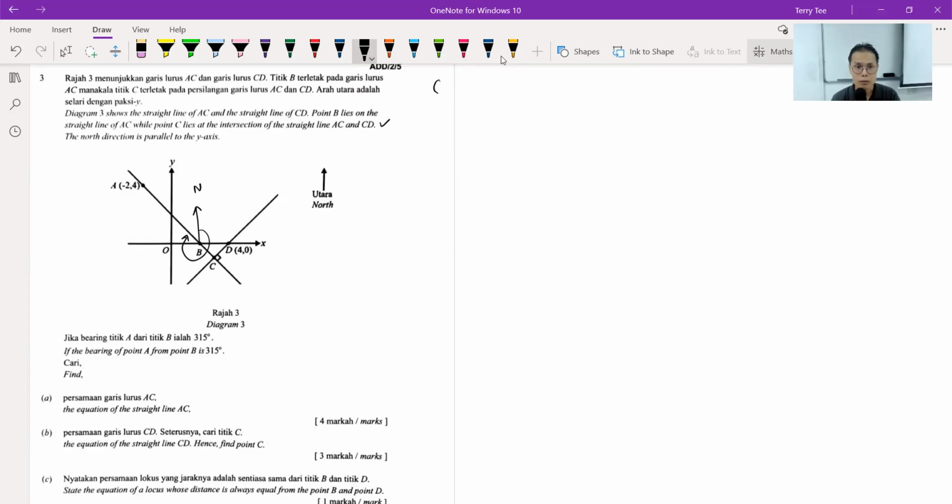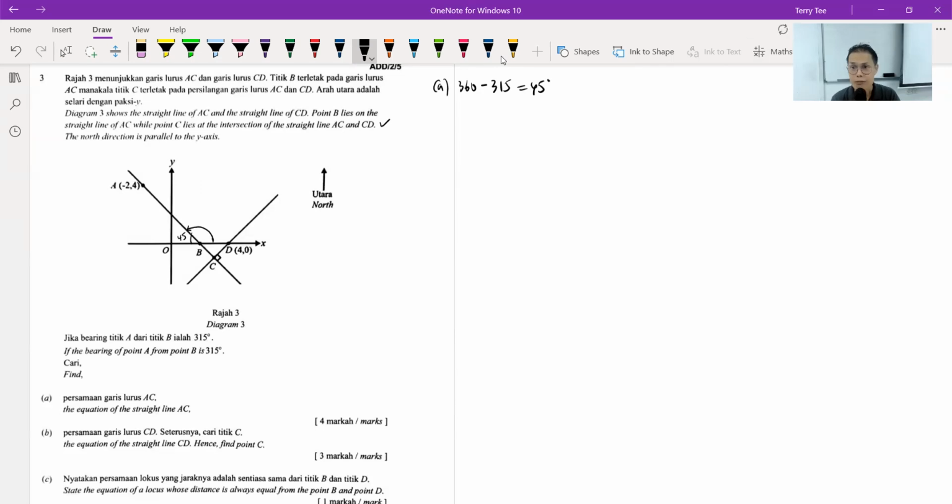So if you take 360, you minus 315, the angle that we have here is 45, right? So we know this is 45 here. Let me just label here 45. So now, up to you, you can use tangent, because we are now finding the gradient, right?